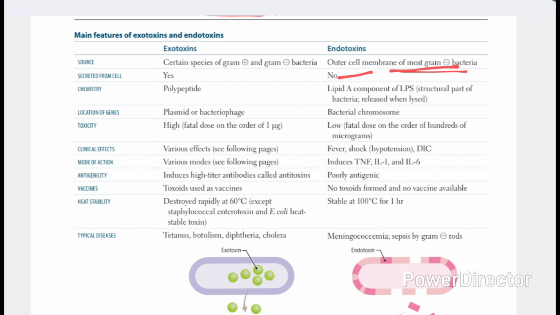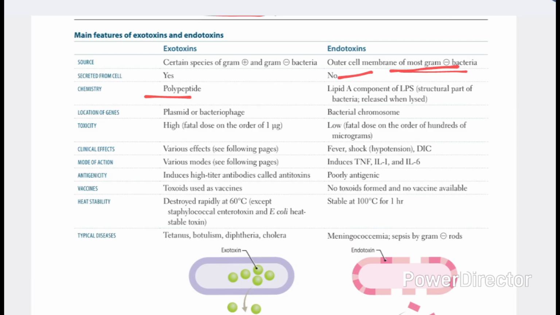Exotoxins are usually polypeptides, whereas endotoxins are composed of lipopolysaccharide, and it basically makes up the basic structure of the cell membrane.